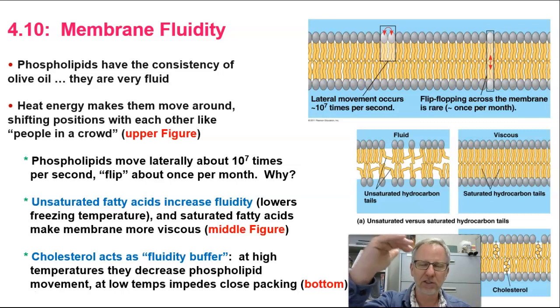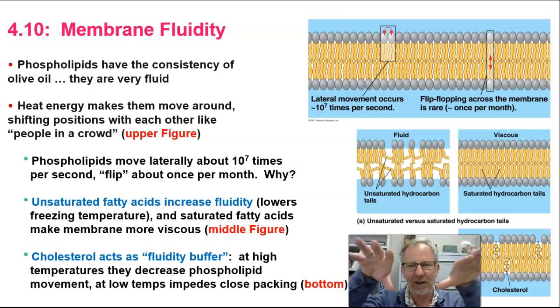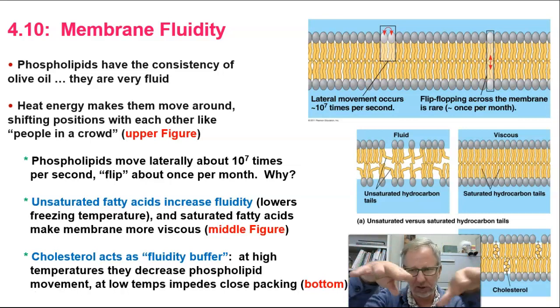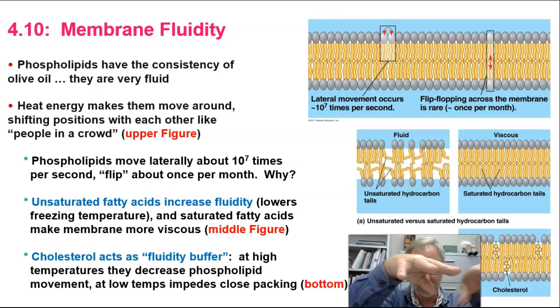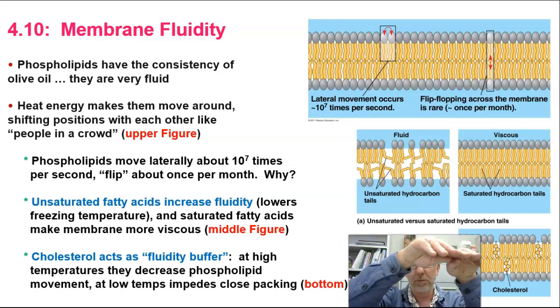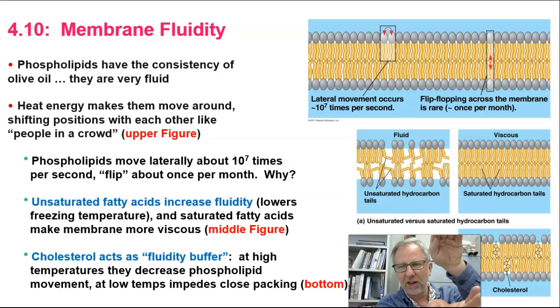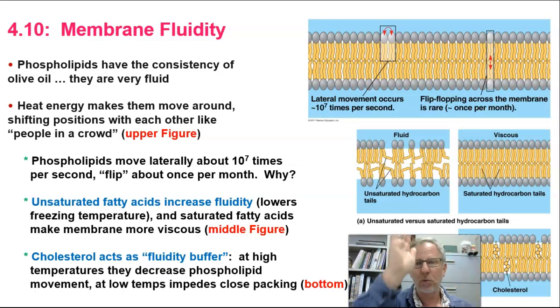The top figure is kind of showing you this. Well, because that heat energy very easily makes the phospholipids just shift around with each other in the same layer, like people in a crowd. But for a phospholipid to flip and go to the other side of the membrane, that would require that hydrophilic head that's pointing out towards the water to move away from the water and migrate all the way through the membrane and then point to the other side towards the water, if you can envision that.